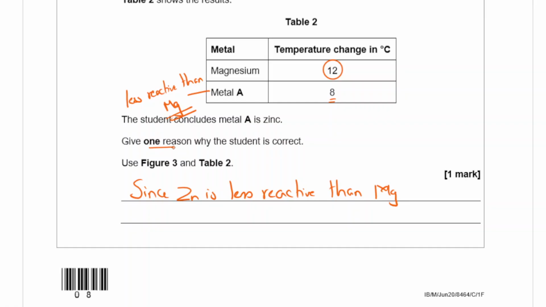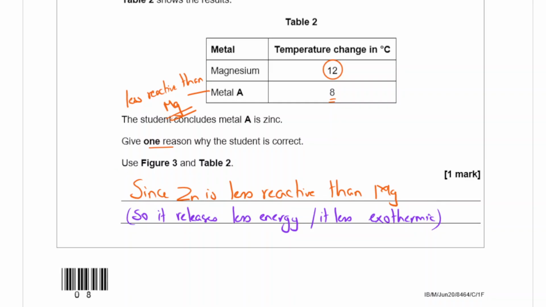They are not asking you to give an explanation, but we can give an explanation. So it releases less energy, or you could say it is less exothermic as well, if they did ask for the explanation.